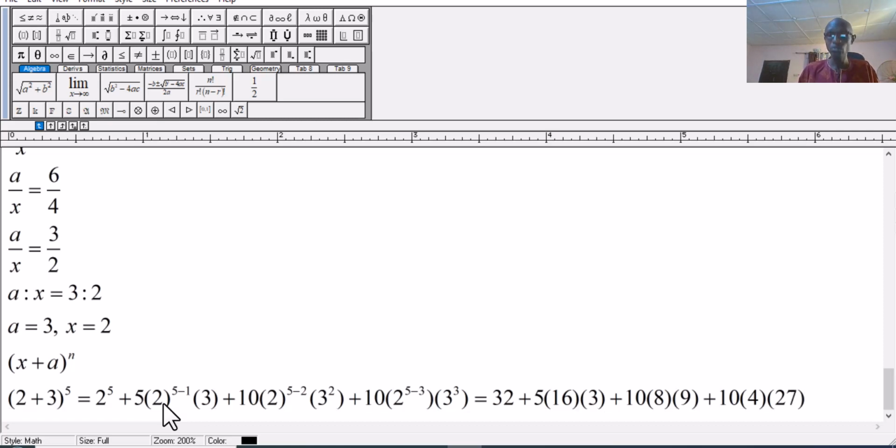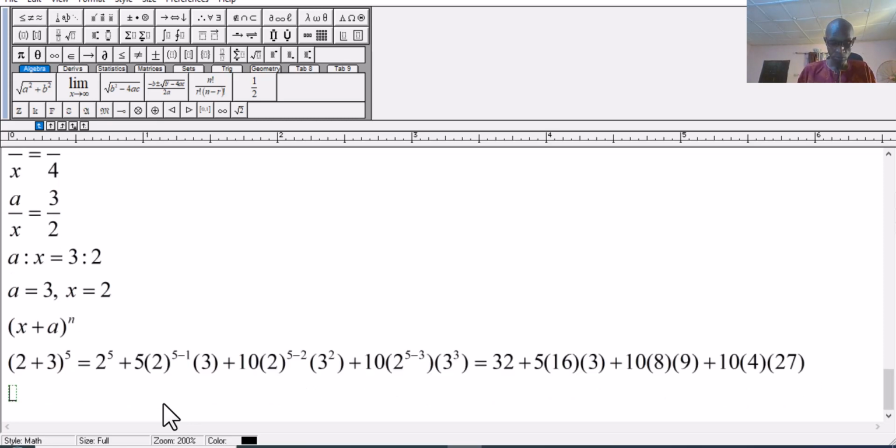So 32, let's bring it down. 2 plus 3 to the power of 5 is equals to 32.